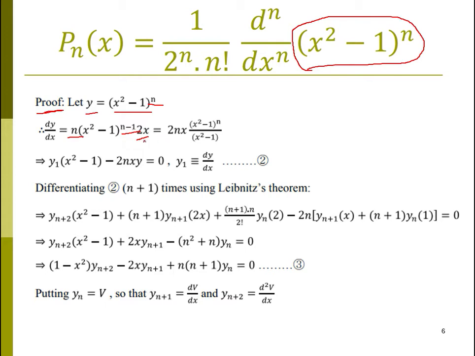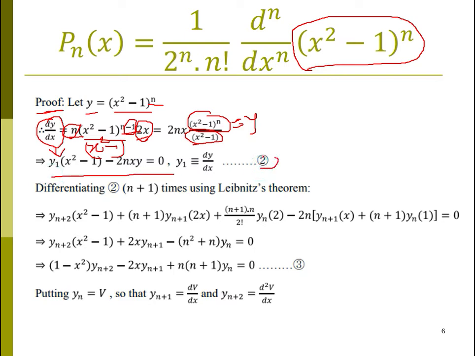So we get 2nx into x square minus 1 raised to n minus 1, so this is equal to y, and we can write dy by dx is equal to y1, and this gives x square minus 1 into y1 minus 2nxy is equal to 0. We get equation number 2.